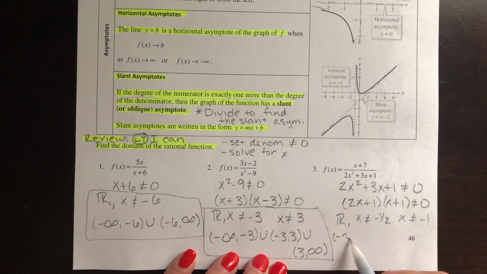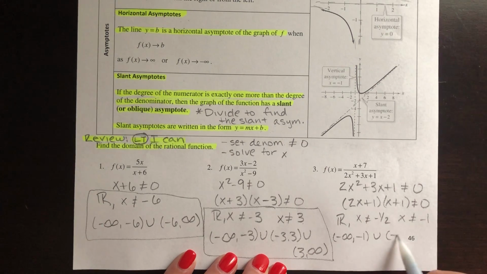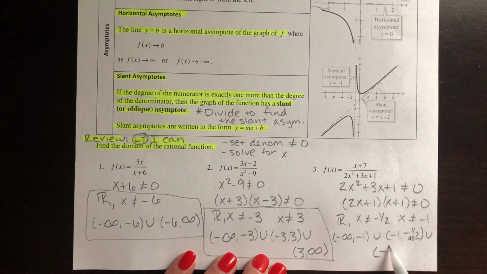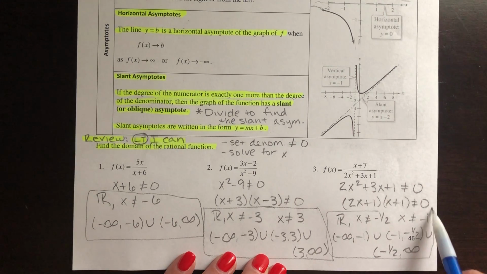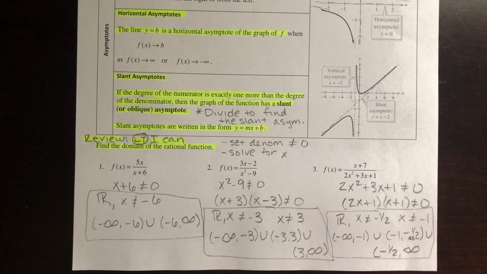In interval notation, negative infinity to negative 1, negative 1 to negative 1/2, and negative 1/2 to positive infinity. All right, so that was just a quick little review on domain.